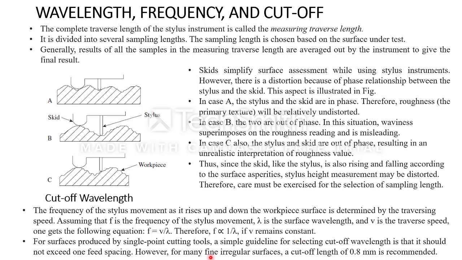Generally, for many fine irregular surfaces, a cutoff length of 0.8 mm is recommended. This is taken for granted: for fine irregular surfaces, the cutoff wavelength will be 0.8. They will take 0.8 as a given and start measuring the roughness or waviness.